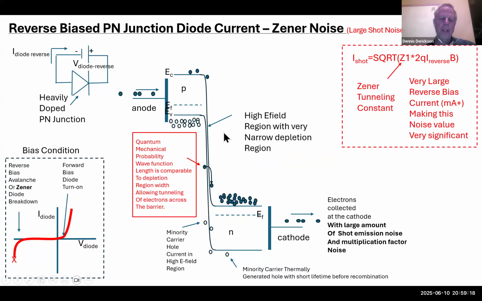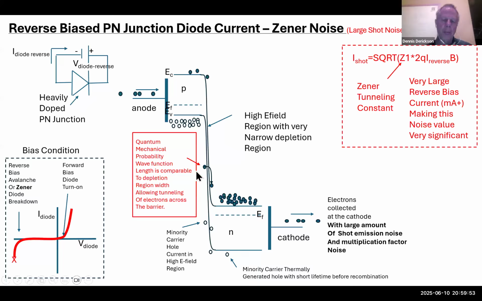In Zener noise, there's a different mechanism. The first thing that happens in a Zener diode is typically you really heavily dope both the p-type and the n-type carriers on both sides. And if you heavily dope the n and p-type, what you get in this region right here is super narrow. That's called the depletion region, depleted of mobile carriers. So for heavy doping, that's really narrow. I'm showing right here an electron that's filled, and normally an electron in that state in the p material would just be immobile.